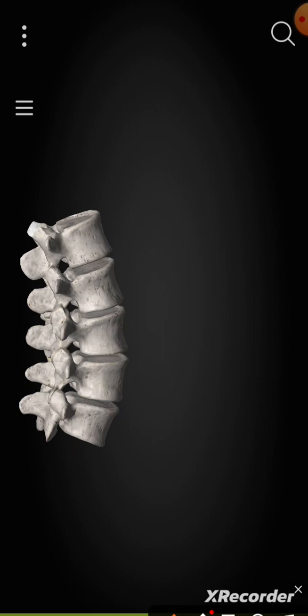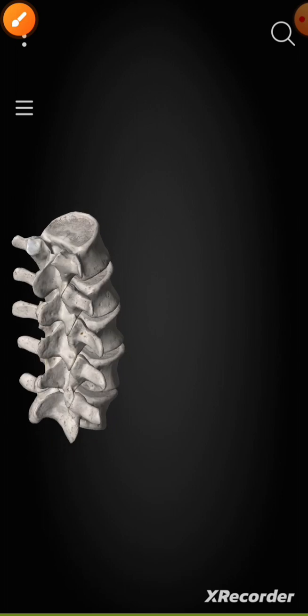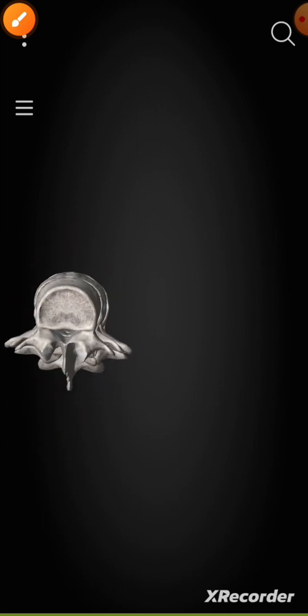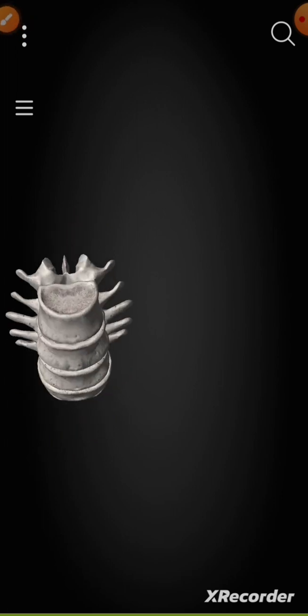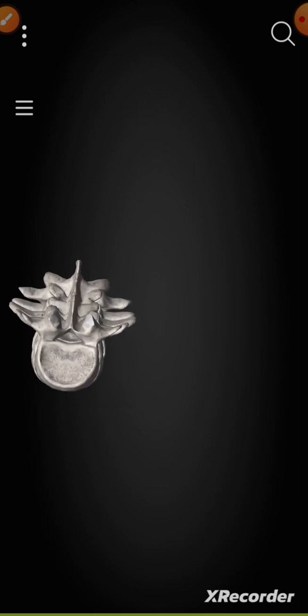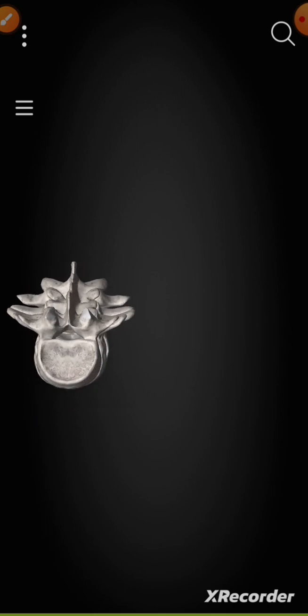Now the vertebral foramina is large in shape than thoracic vertebrae. You can see here, this is the vertebral foramina, which is looking like a triangular shape.